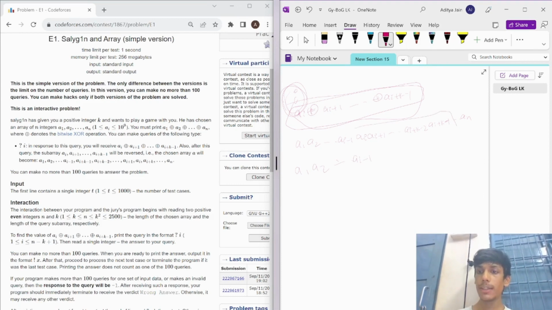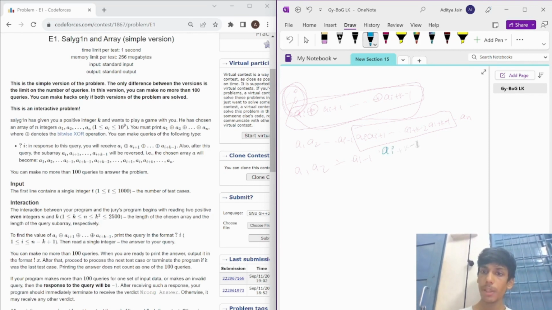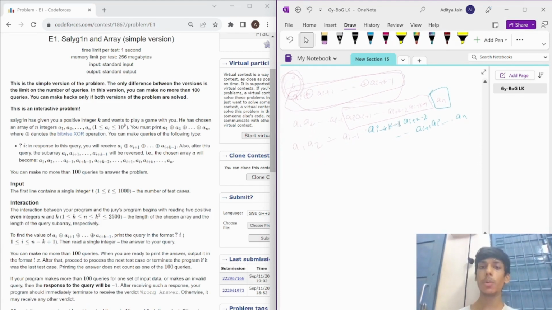This part gets reversed, so it will become ai plus k minus 1, ai plus k minus 2 up to ai plus 1 comma ai, and then this part will remain as it is, up to an. So I hope you understood the question.